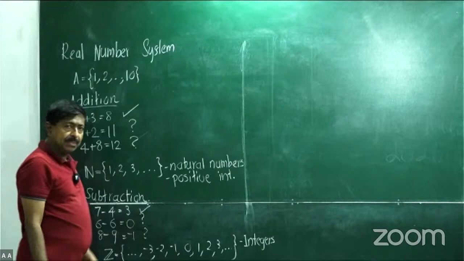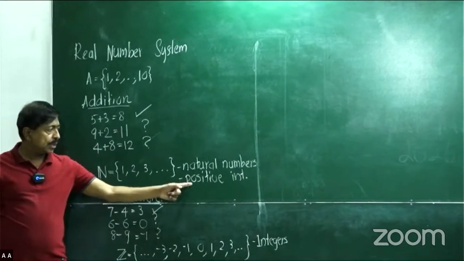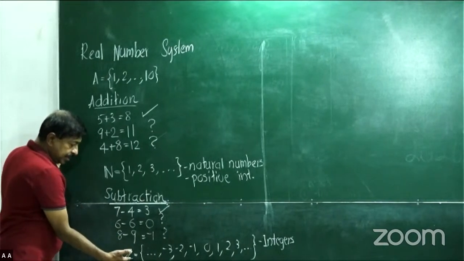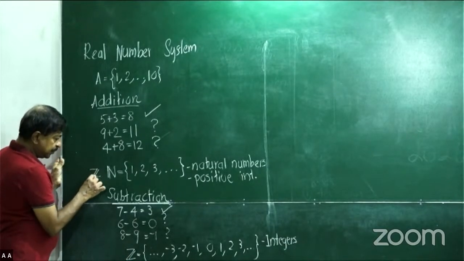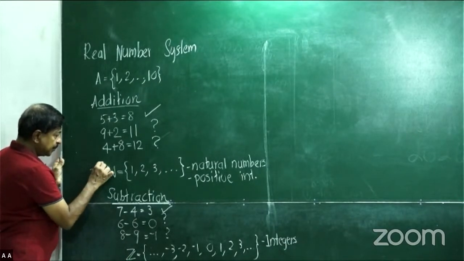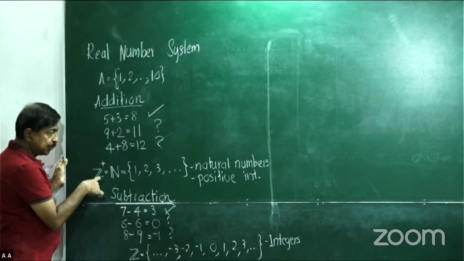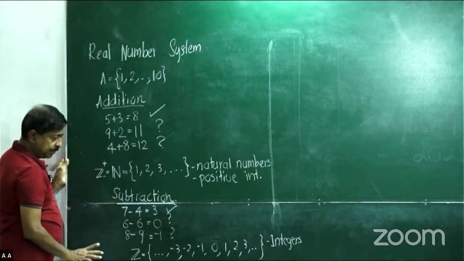Either you can call them natural numbers because you use them to count 1, 2, 3, 4, or you can call them positive integers. Therefore, since this is used to denote the integers, instead of N, you can use this notation to denote positive integers, Z plus. Now that's also done, right?